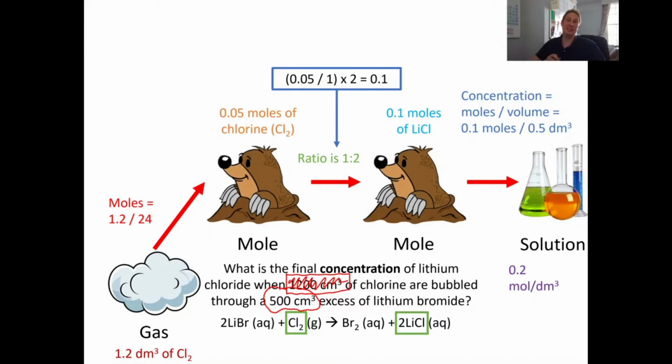Now, all of this is stuff that you knew at GCSE. Putting it together in this sort of way might have been new to you. You wouldn't really have got a question like this at GCSE where you're asked to go from a gas volume to a solution concentration or a mass to a solution concentration, but there's no reason you couldn't.